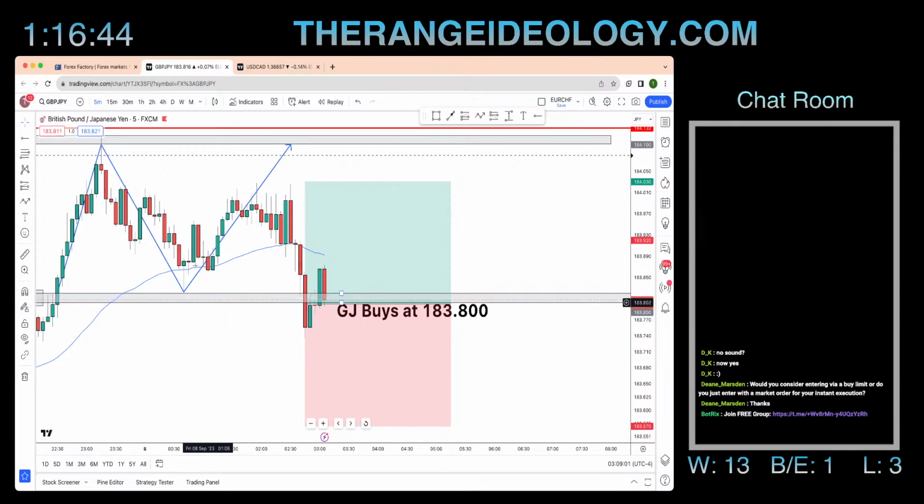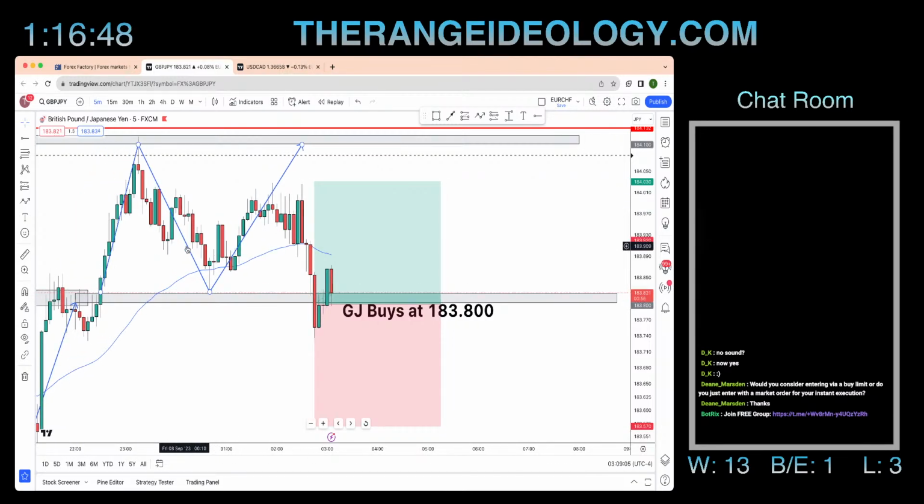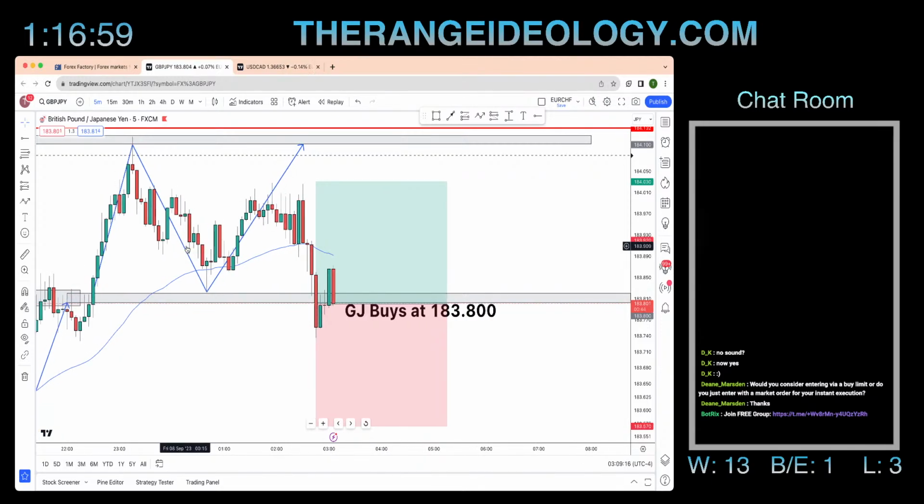Okay, so we're just 1 minute shy of another 5-minute candle closure. So price has broken the entry point once again. And now it's gone back. Back at entry. We're in profit now.